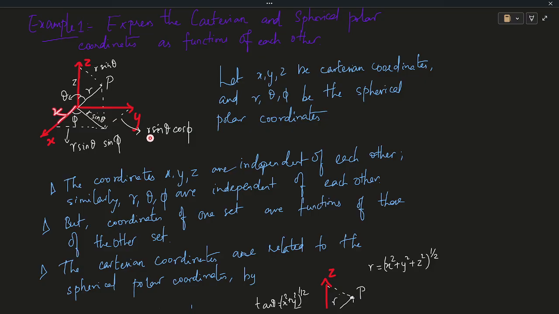So x is going to be replaced by r sine theta cos phi, and this is actually my y component, and this y is replaced by r sine theta sine phi, and this is my z component. If this is r, this is theta, and z is lying adjacent to theta, so z is written as r cos theta.